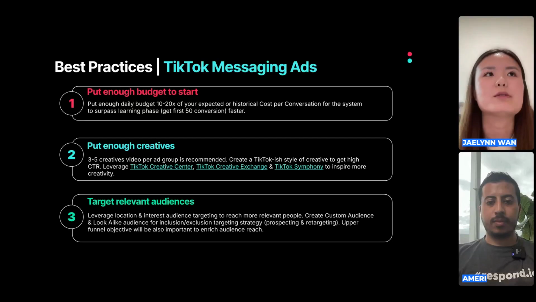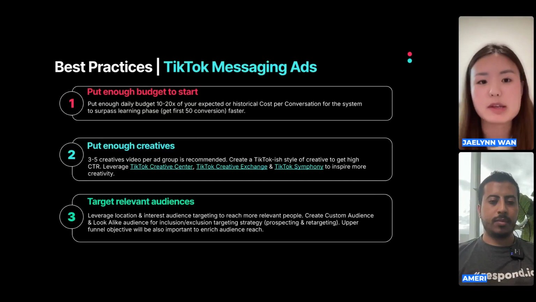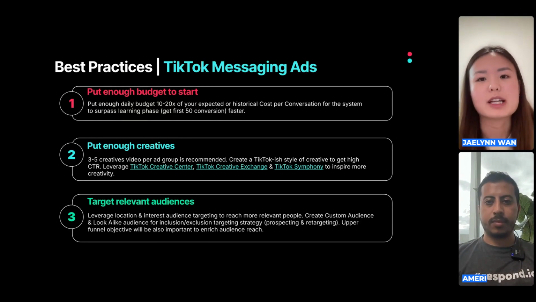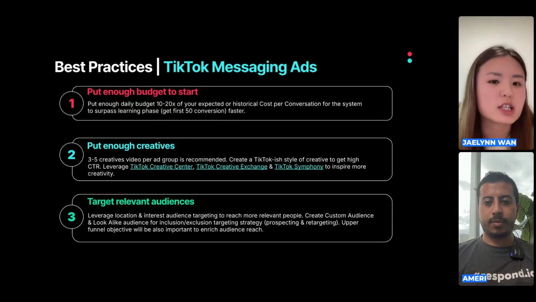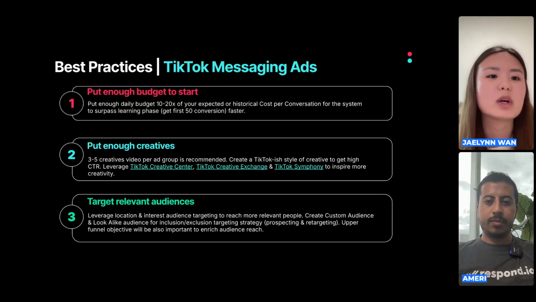I believe if you are already on other advertising platforms, you should be very familiar with the learning phase. The learning phase is the period of time the algorithm takes to find the best audience suited for your business. For example, if you are in the educational services industry, the system wouldn't just serve your ad to anyone and everyone.